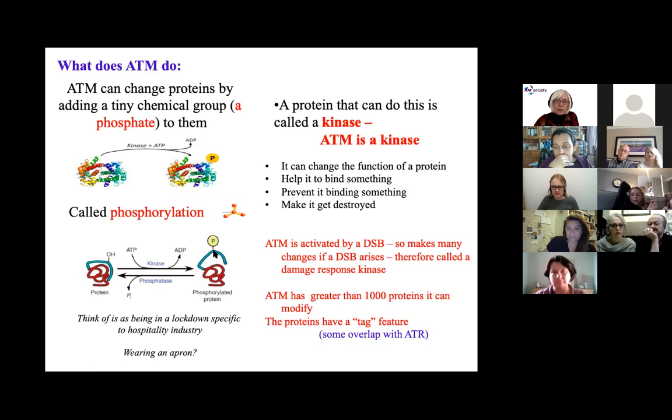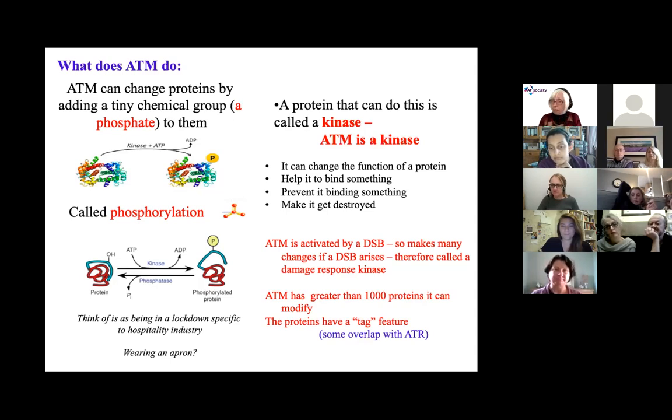There's just a certain little marker, much like the person being locked down may, if in the hospitality industry, have an apron. There are a few little amino acids that enable a protein to be tagged, so it can recognize certain proteins and will then put this tag on them.